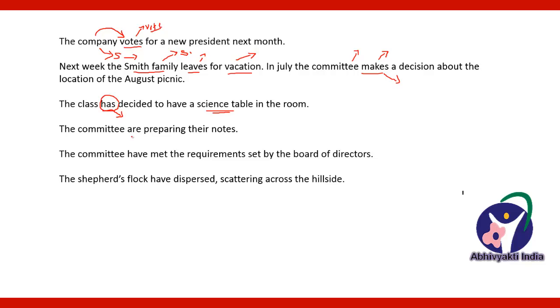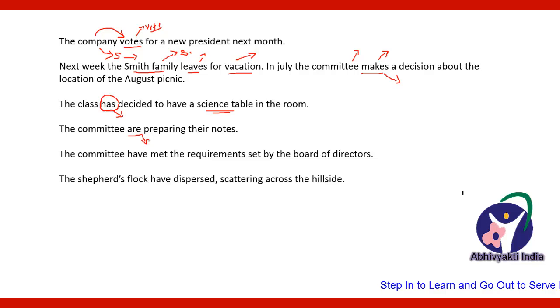The committee are preparing their notes. See here. Now the committee here shows that each and every member of the committee is preparing a note. Not all the members are coming together and preparing the notes jointly.